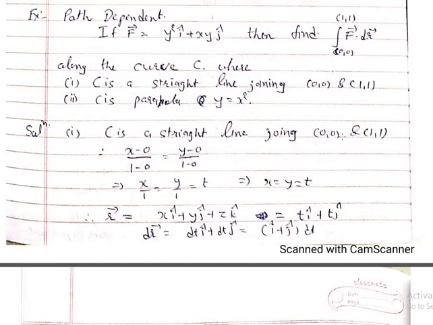Here x1, y1 is (0,0) and x2, y2 is (1,1). So putting values, that gives (x minus 0) upon (1 minus 0) is equal to (y minus 0) upon (1 minus 0), and that gives x upon 1 is equal to y upon 1 is equal to t, so x equal to y is equal to t.